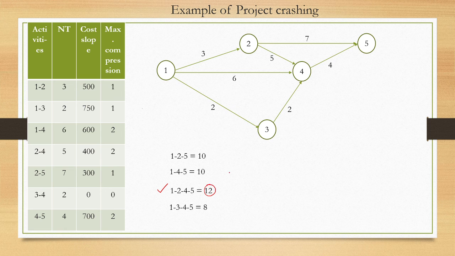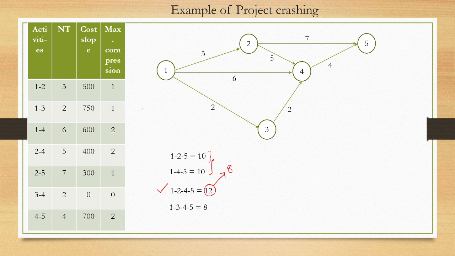This project duration has to be reduced to 8 days. That is our question. But you will see that if we directly reduce it to 8 days, the project duration will still be 10 days, not 8, because other paths will become critical.